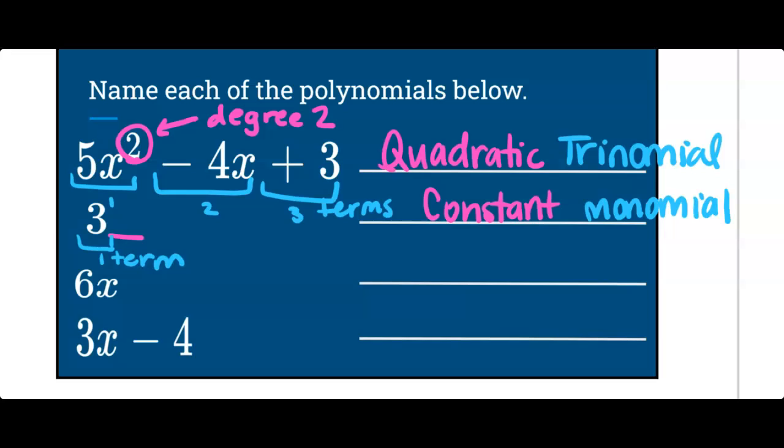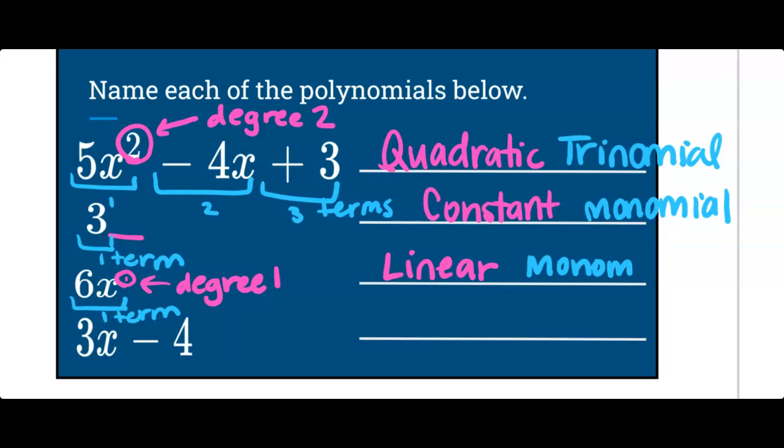Looking at 6x, I see that there's no exponent on my variable. So remember, that's understood to be a 1. So that means that my degree is 1, which means it is linear. And then when I count my terms, I have 1 term, which means that it is also a monomial.